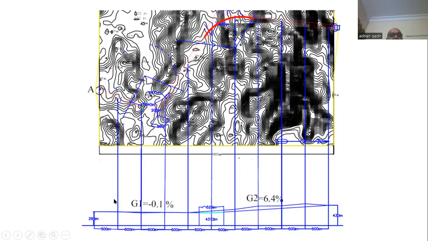Now, how I find this value is simply I extend this line to my center line, and whatever is the value of the contour is my elevation. So this line is intersecting here, my elevation will be different here. And last but not least, my last line is intersecting the last point, so my elevation is 430 meters.